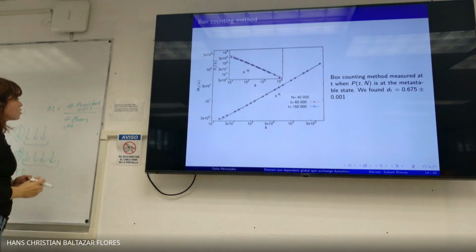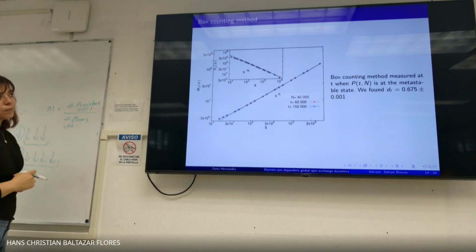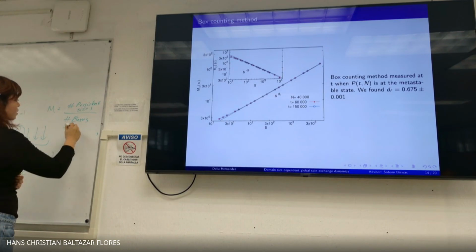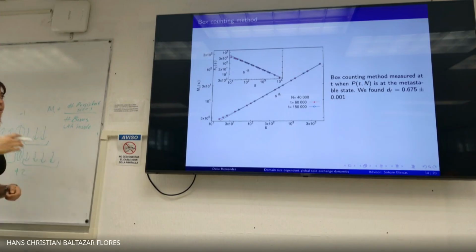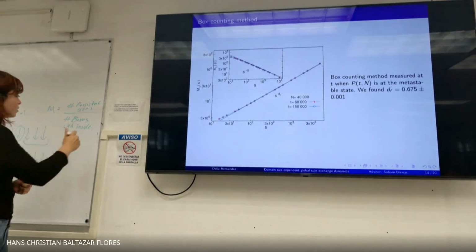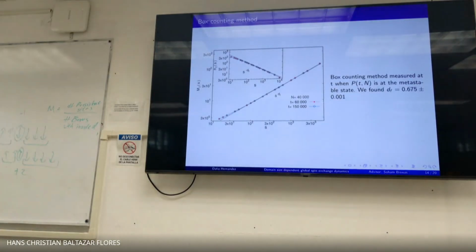So it's the average number of boxes with persistent sites inside, after discarding the empty boxes. Which of the two, in the numerator or the denominator, is N_t of S?